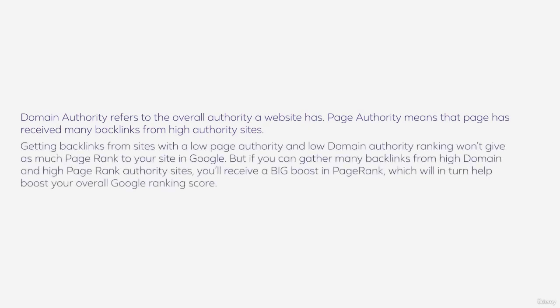Getting backlinks from sites with a low page authority and low domain authority ranking won't give as much page ranking to your site in Google. But if you can gather many backlinks from high domain and high page rank authority sites, you'll receive a big boost in page rank, which will in turn help boost your overall Google ranking score.